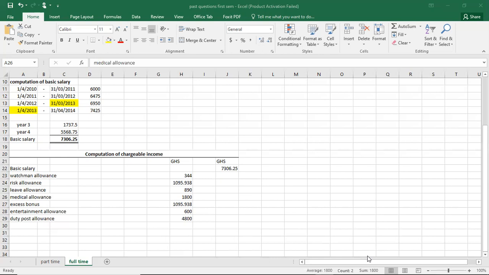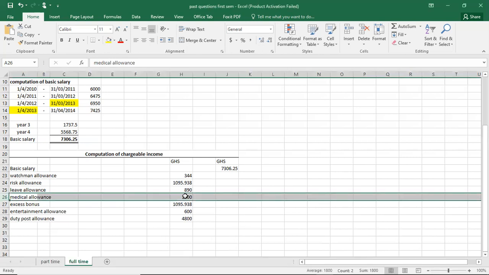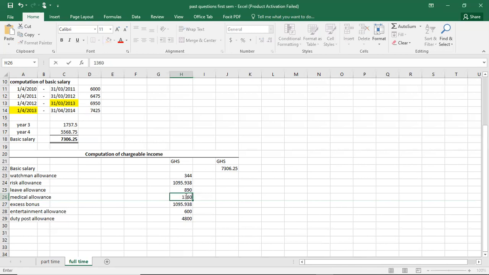There is a medical allowance of 1,360. That is note 6. So medical allowance of 1,360 is there.